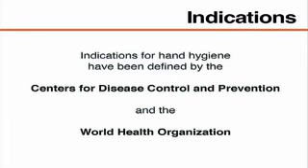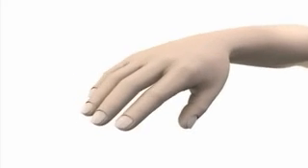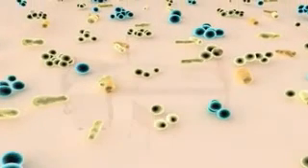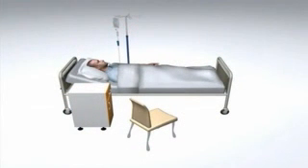We will first review some of the basic principles of cross-transmission of microbial pathogens. The skin and mucous membranes of every human being are colonized by various microbial species. When hospitalized, patients gradually shed these microorganisms onto inanimate objects in their immediate surroundings, for example, onto bed linens, gowns, and bedside furniture.